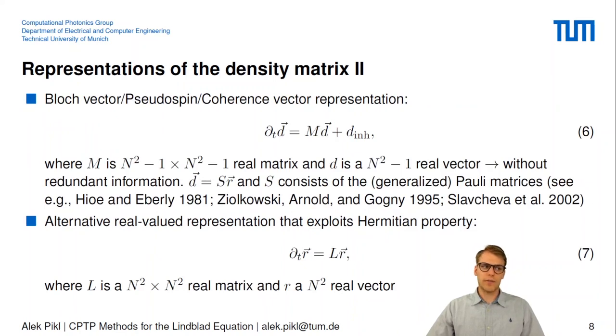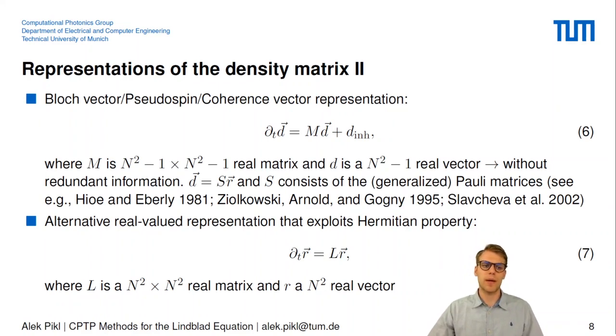We also have the Bloch vector, pseudospin, or coherence vector representation, depending on which paper you're looking at, where we use the redundant information, which is the Hermitian property, the trace equals 1 property, and the positive semi-definiteness of the matrix, to actually get rid of one element or one population in the vector.